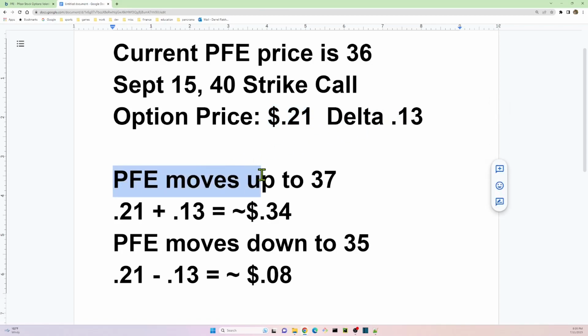So if Pfizer moves up from 36 to 37, the price of that option is going to be roughly 0.21 plus the delta, 0.13. We're going to move up to 34 cents. If Pfizer moves down from 36 to 35, then the price of that option will be 0.21 minus the delta, or approximately 8 cents.